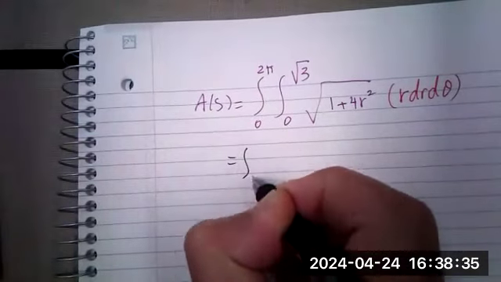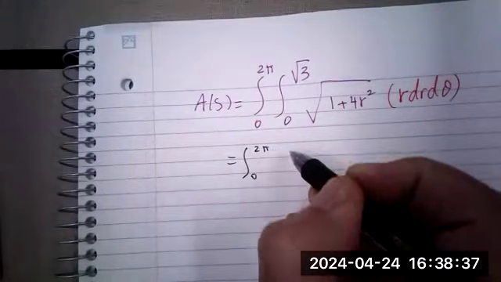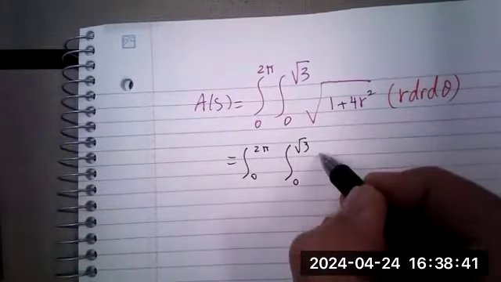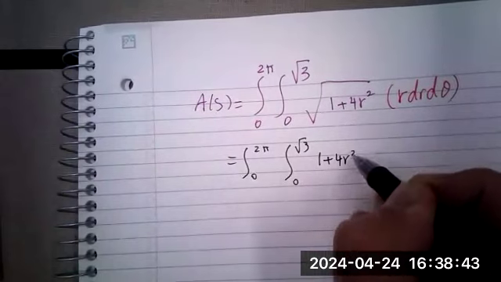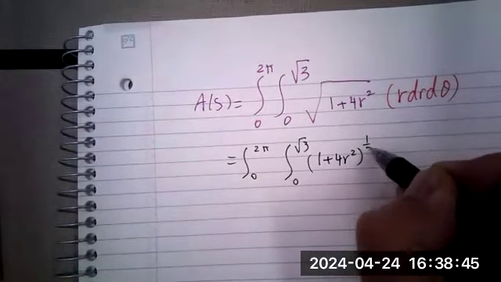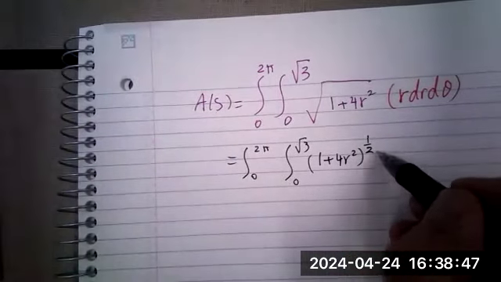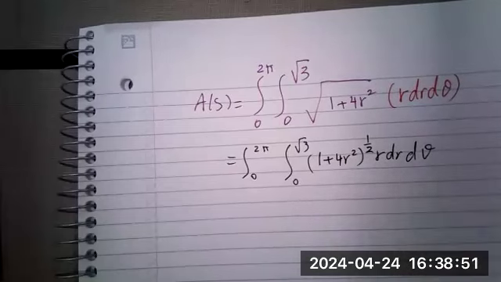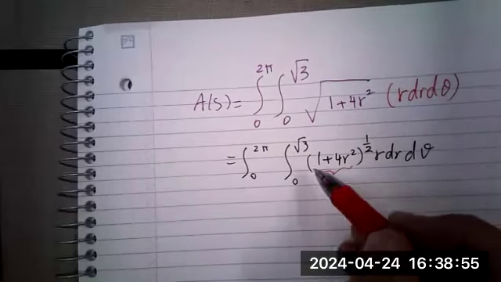So it's going to be 0 to 2 pi, 0 to radical 3, and this would be 1 plus 4r squared, as we did just minutes ago. That's going to be r dr d theta. You take this one to be u, then you need the u prime.